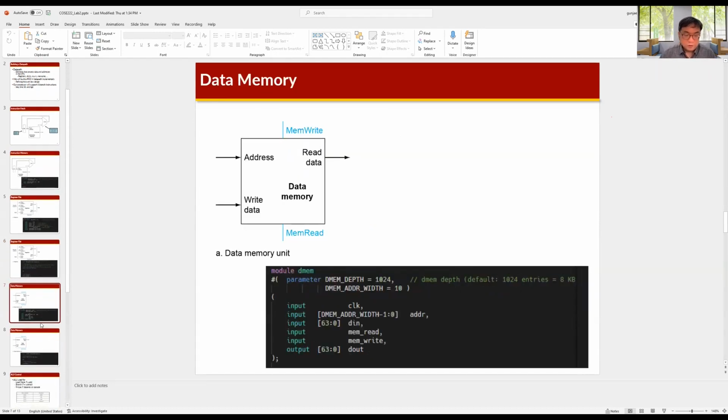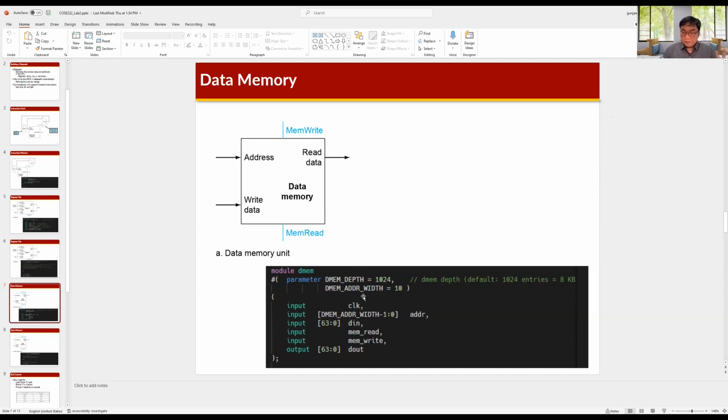And then the data memory is also simple. It's similar to the instruction memory, but one difference is that the data memory has a write data port. The data memory has two control inputs, MemWrite and MemRead. As you can see, our data memory also has these input and output signals.